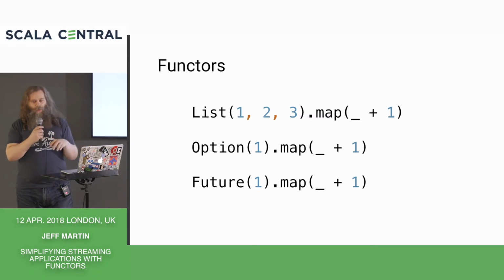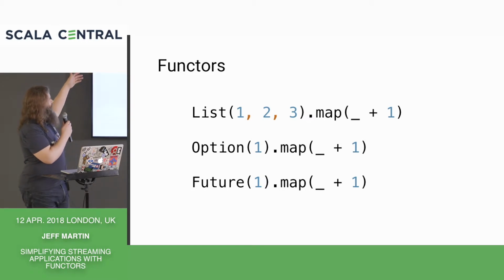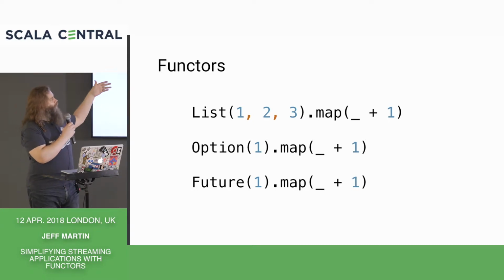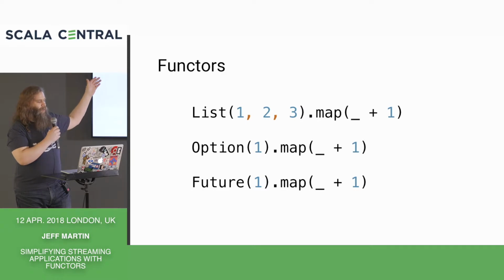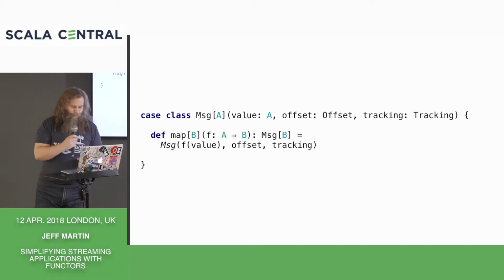For those of you who aren't familiar with functors, it's a type which contains another type. Examples of these are list, option, and future, and it provides a map operation. So it provides a way to convert our int into another int or another type. So it's both these things put together.